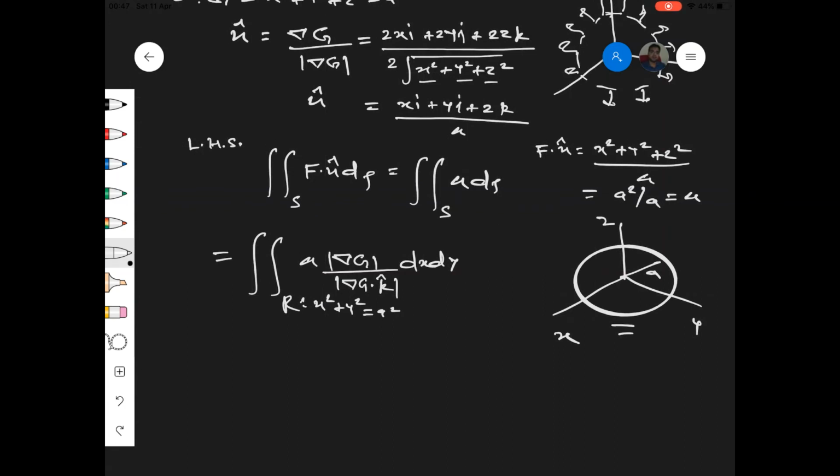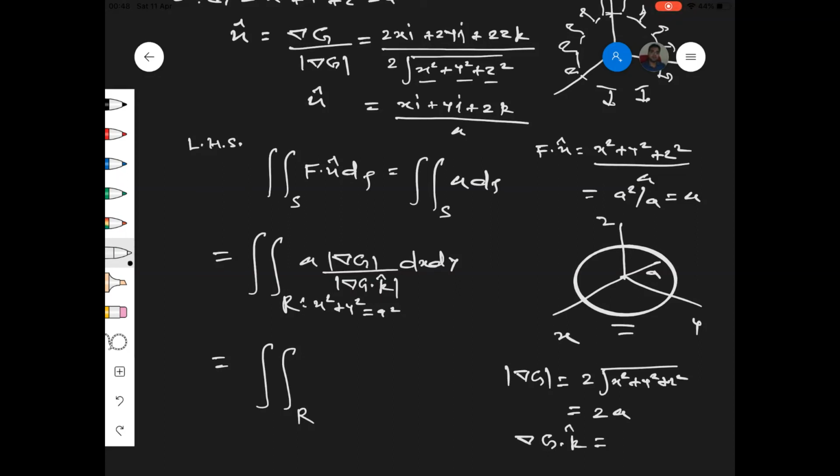So del g we have evaluated. Mod del g will be, double integral over the region R. Mod del g will be under root 2 times under root x square plus y square plus z square, which is 2a, and del g dot k cap will be equal to 2z.